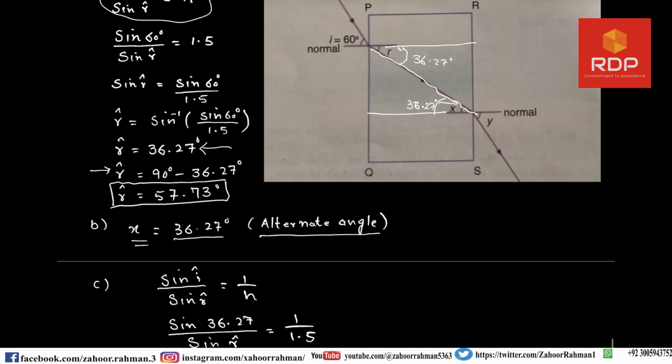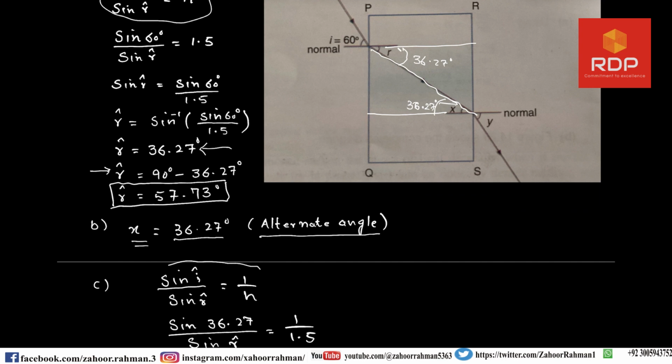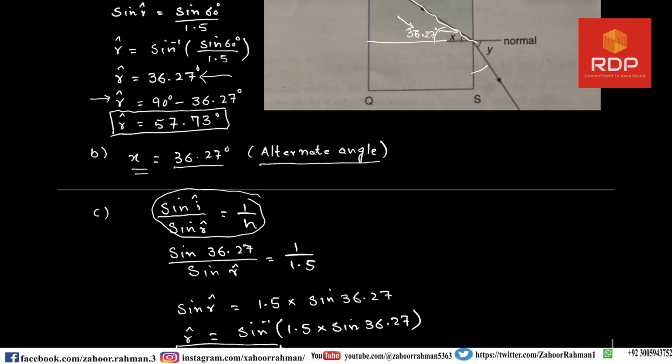So we have to use this formula, as I told you. Simply insert the value of i, because it is now the incident angle and this is the refracted angle with the normal. So 1 over n sine 36.27, and sine r is equal to 1 divided by 1.5.